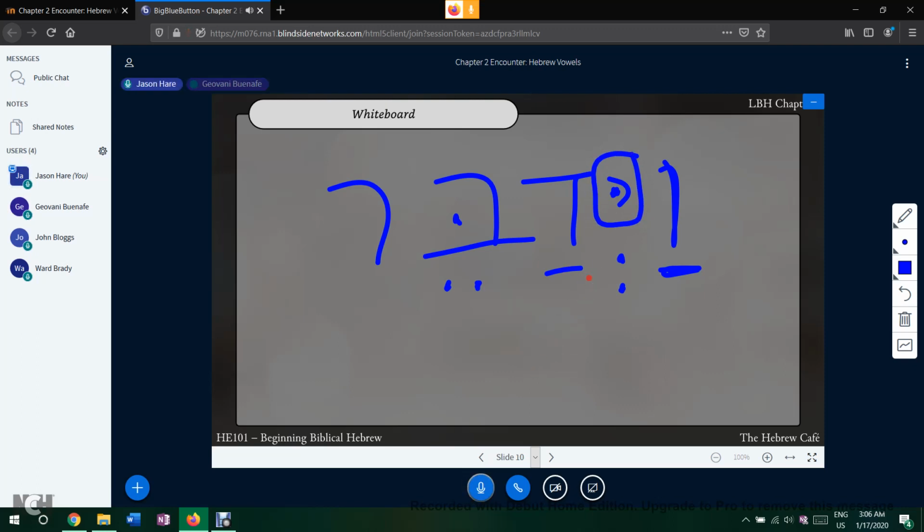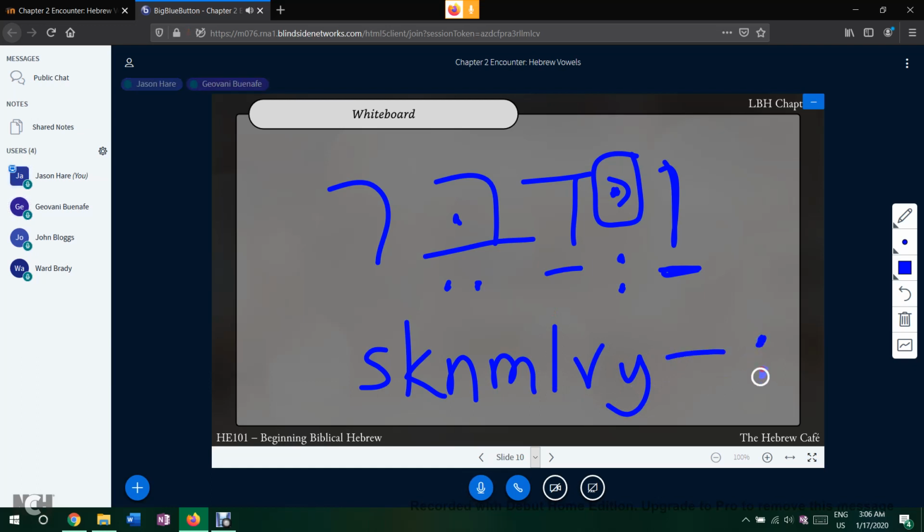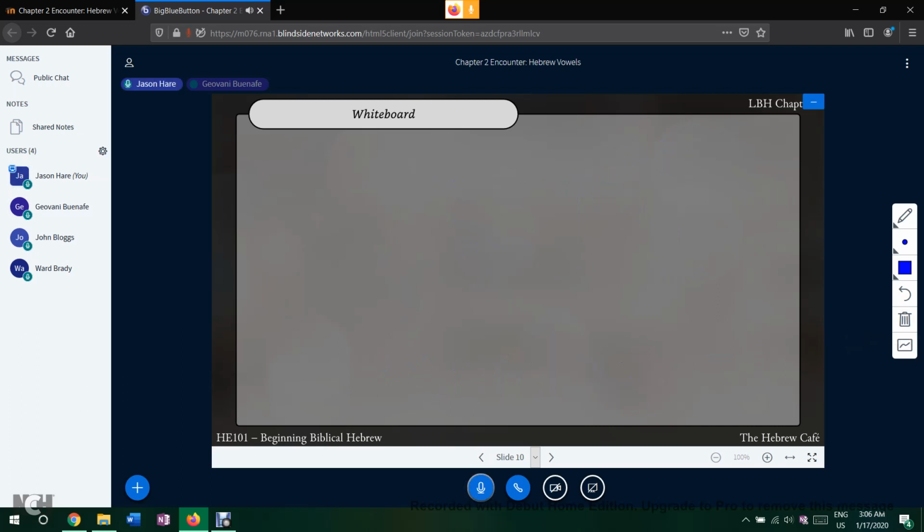When Skinnem-Levy, the letters we just said, the sibilants, Kuf, Nun, Mem, Lamed, Vav, and Yod, are followed by Dagesh, or by Shva, when they are followed by Shva, they tend to drop the Dagesh. It disappears. So instead of Vayedaber, exactly like that, we see in the text, inexplicably, it just happens.